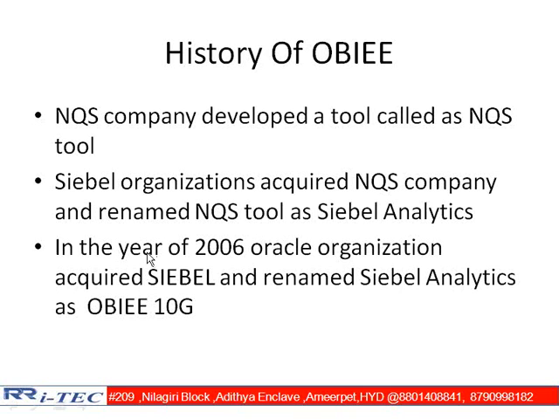Thereafter, in 2006, Oracle organization acquired Siebel and renamed Siebel Analytics as OBIEE 10G. So how many transitions happened here? First, it was developed by NKS company. Thereafter, it was acquired by Siebel. Thereafter, it was acquired by Oracle. That's how it came into the picture.